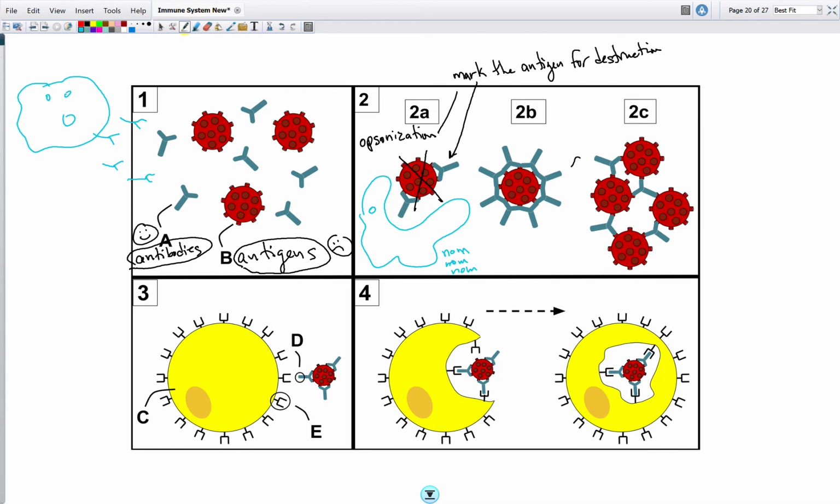The second thing that can happen here in B is called neutralization.